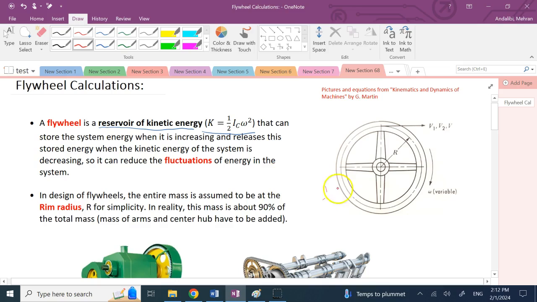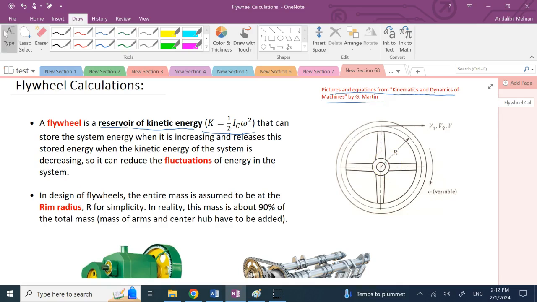So for solid objects also, the equivalent component is called the flywheel. By the way, the pictures and the equations that I have here are taken from the book Kinematics and Dynamics of Machines by G. Martin. This is one of the best books out there on mechanism design and analysis and machines. It's a very, very good book.